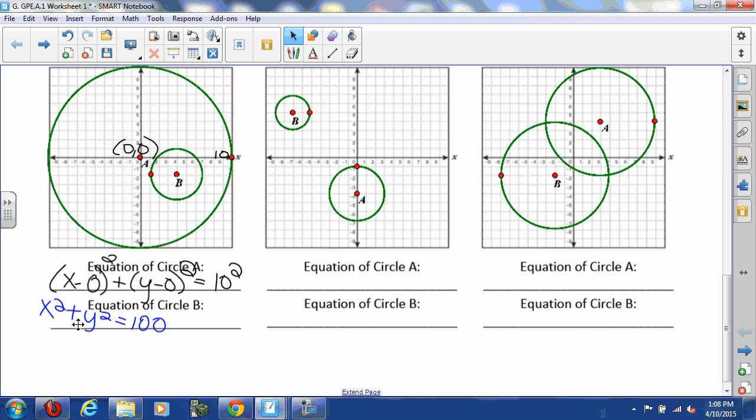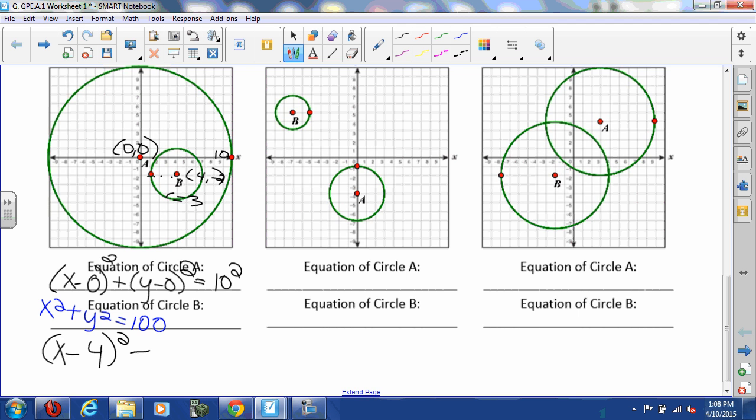I got to come up with the equation. This is what I do. I go and find out what my center is first. Read that. What does it say? 4, negative 2. I always write my center down. I think it's easier with my coordinates. Count from here to here. So it's 1, 2, 3. So my radius is 3. So then I go to my general formula. x minus, what's h? 4 squared plus y minus, what's k?